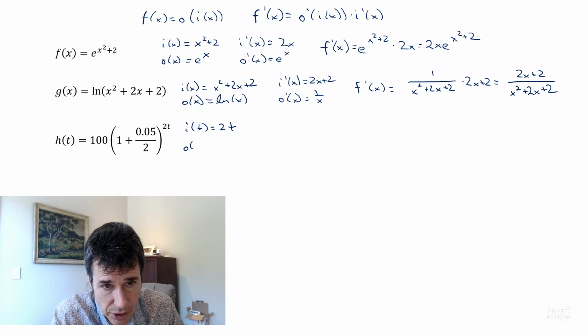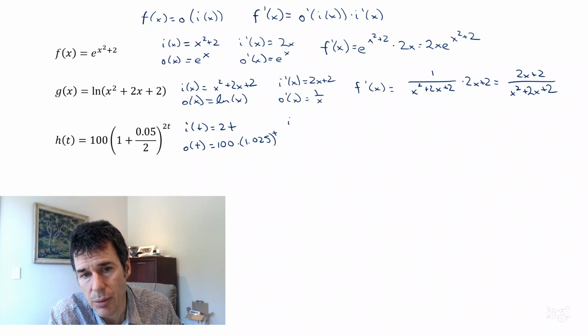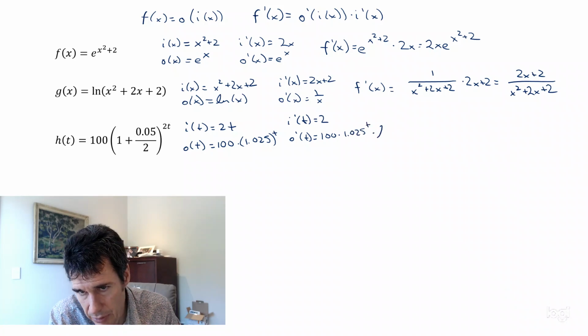The outer function is going to be 100 times 1.025 to the power t. Derivative of the inner function, t, is 2. The derivative of the outer function is 100 times 1.025 to the power t times the natural log of 1.025.